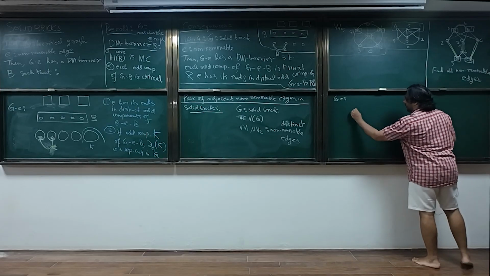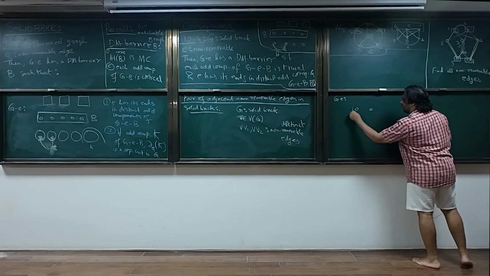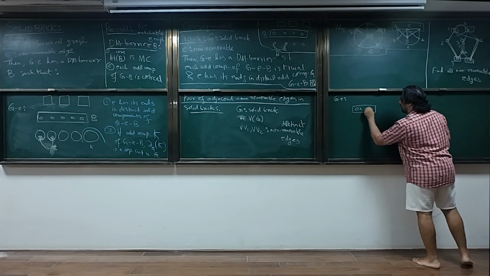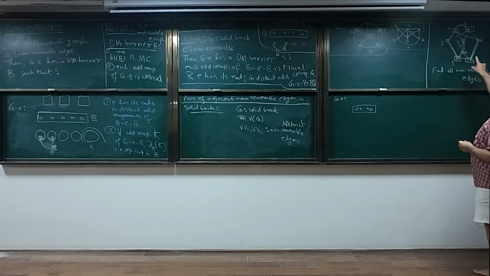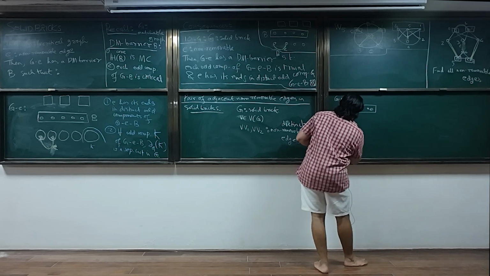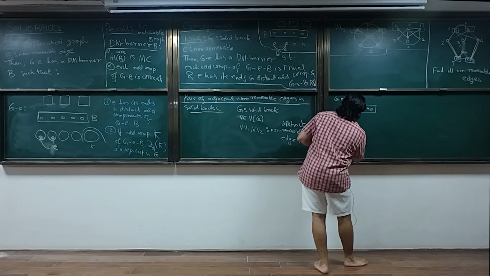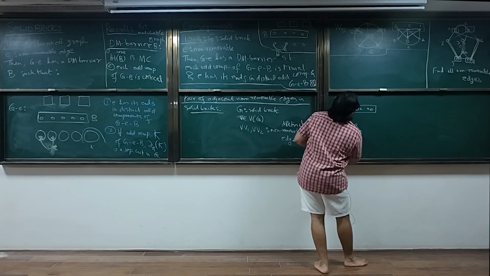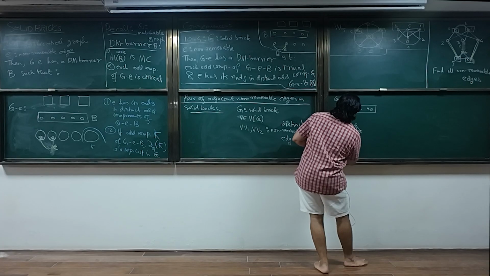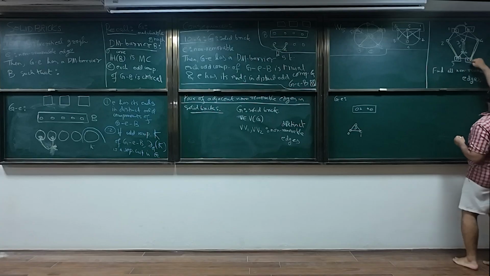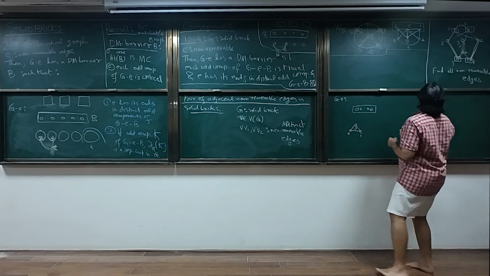One is 2, 4. If I remove E and I delete 2 and 4, then 0, 1, 3 is one component. Three maybe here, and 0 goes to 2, and 1 goes to 4. Okay, maybe like this. And 5, 6, 7 is another component.